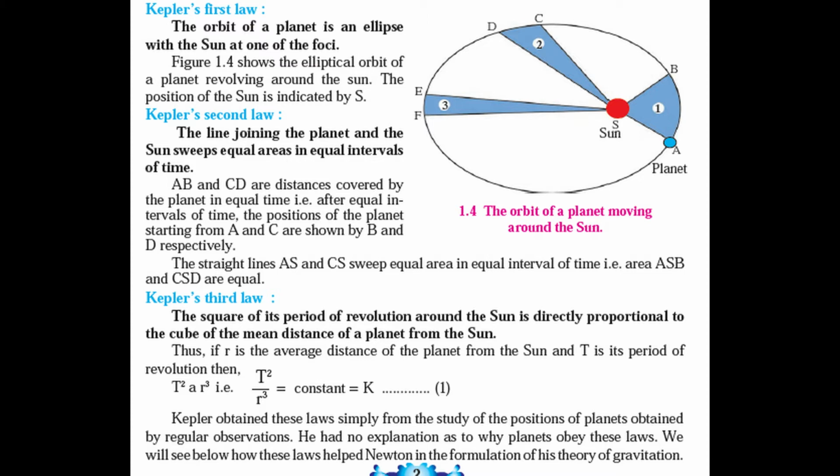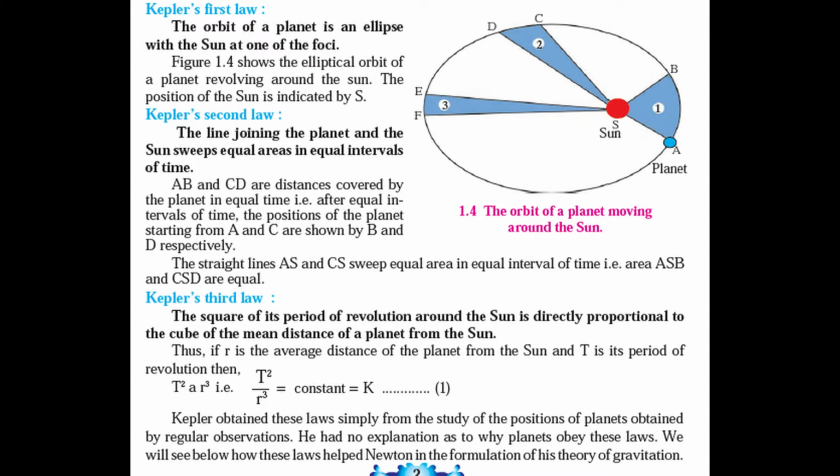Second law: the line joining the planet and the sun sweeps equal areas in equal intervals of time. So AB and CD are the distances covered by the planet in equal time, that is after equal interval of time. The positions of the planet starting from A and C are shown by B and D respectively.